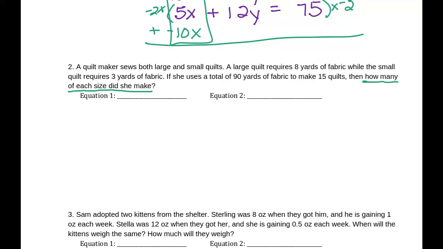Okay? So I'm going to say we have large quilts and we have small quilts. Let's say L is equal to, what should we make L equal to? Number of large quilts.